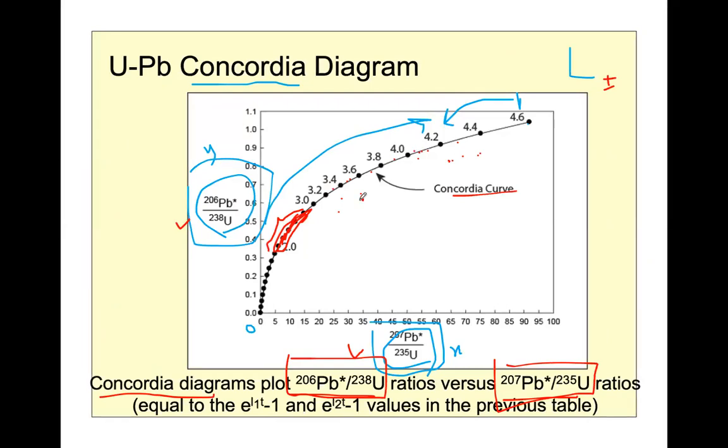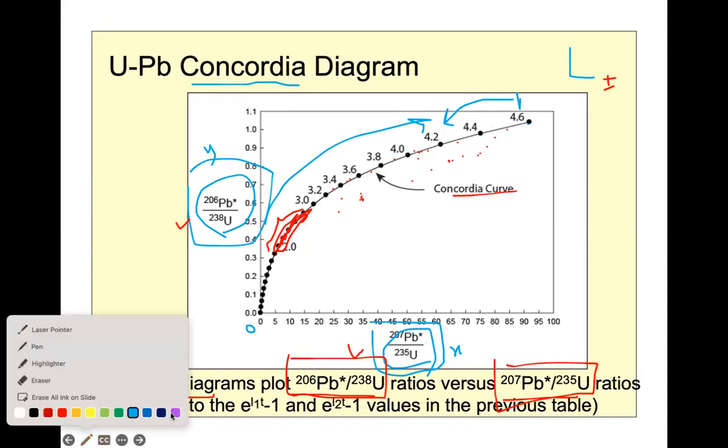And in some situations, this discordance is very systematic, right? And that means they also form a linear pattern. So in that case, there is a possibility to draw a discordia curve.